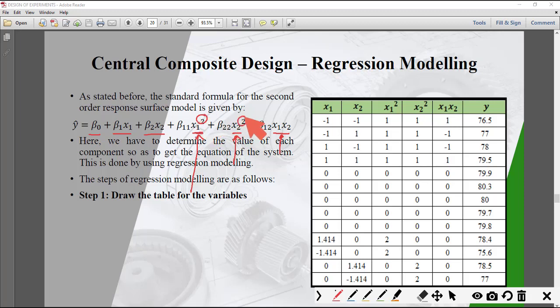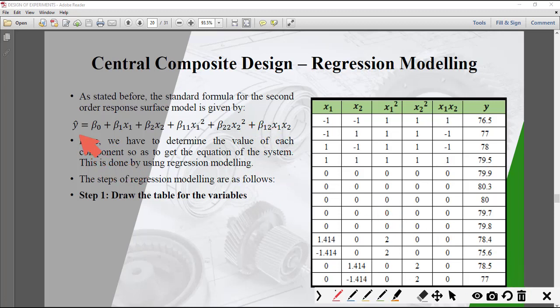Power is 2, power is 2, and power is 1 and 1 for each. Whenever we are multiplying, powers get added, so this becomes 2. x into x is x square, the same logic. So over here we are having terms which have a maximum power of 2.